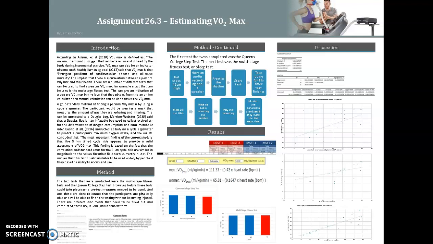Looking at the first graph here, you can see the first blue line is the first Queen's College Step Test, the second one is the second Queen's College Step Test, and the third one is normative data for rugby players according to the IRFU, the Irish Rugby Football Union, who tested a number of 17 to 21-year-olds regarding their VO2 max score based on position.